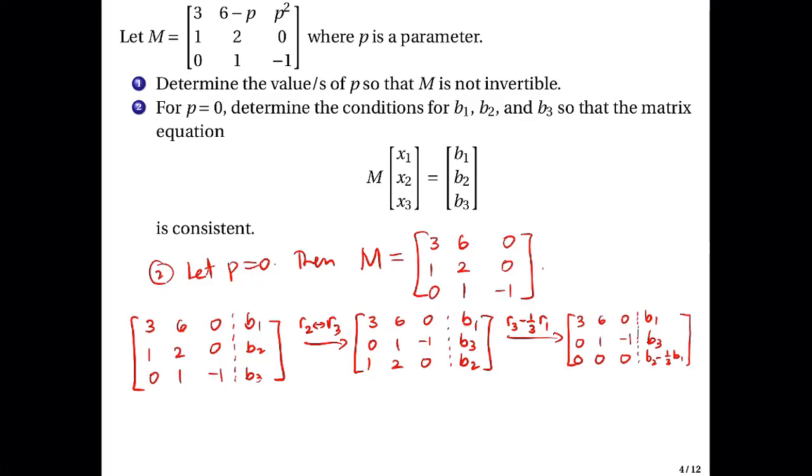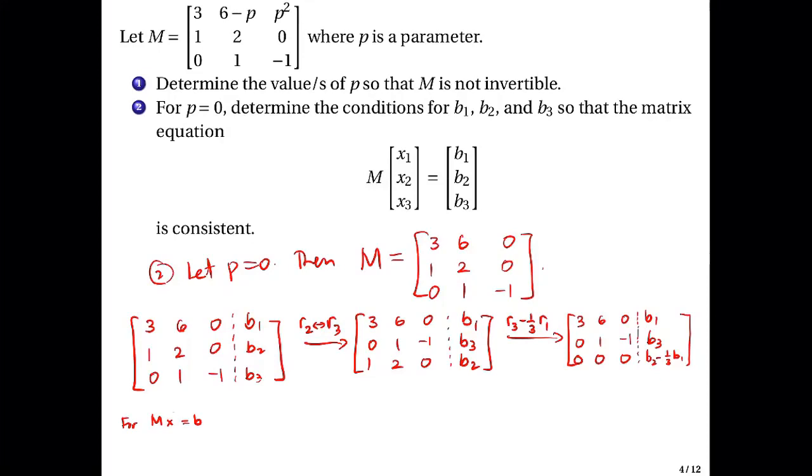But this means this matrix equation here will be consistent if this guy here is equal to 0. Okay? So let me just write this as Mx equals b.